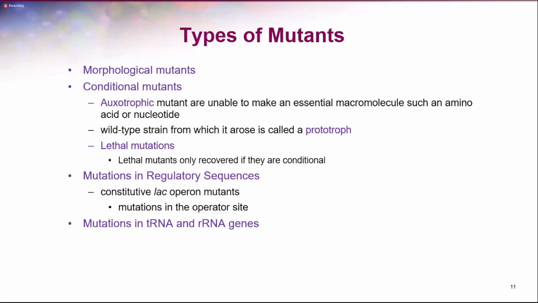Then there could be conditional mutants where the phenotype isn't immediately obvious because the mutations can actually be lethal. All right, so you introduce a change into a very critical gene, like, say, a strain that only has DNA polymerase 3.